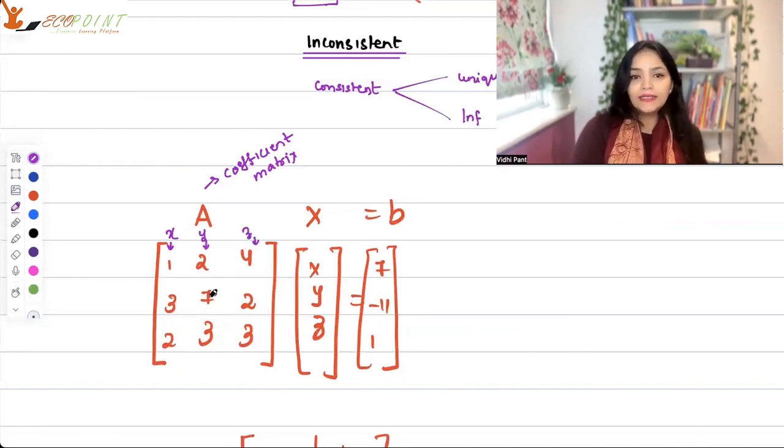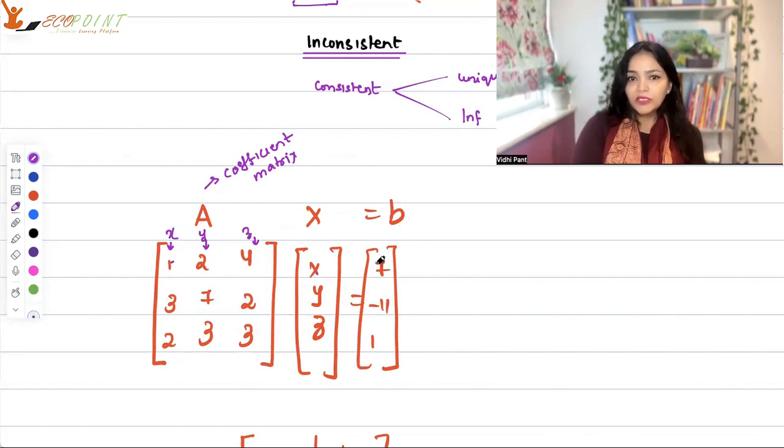Now, why is it like this? Because this is a matrix consisting of coefficients, and here you have a column vector, called a column vector, x, y, z. So when you multiply, you need to know matrix multiplication. 1 multiplied by x plus 2 multiplied by y plus 4 multiplied by z equals the first position, of course, because it's the first row getting multiplied.